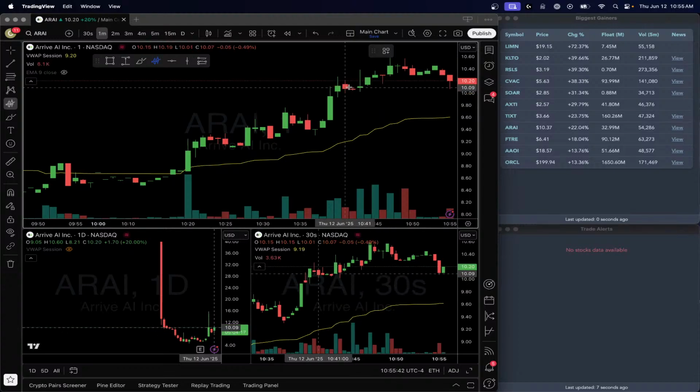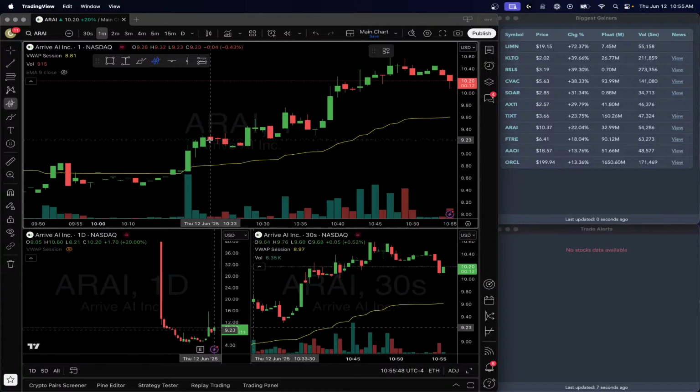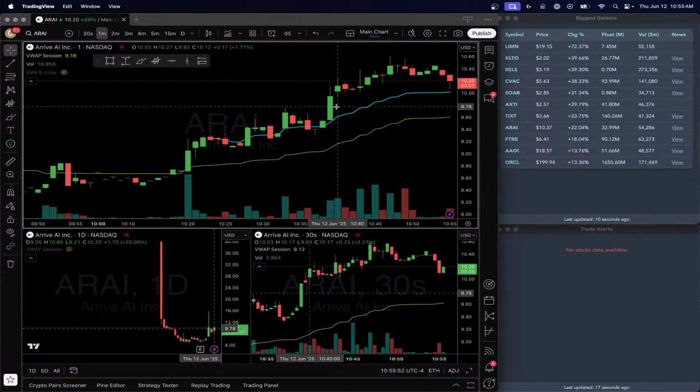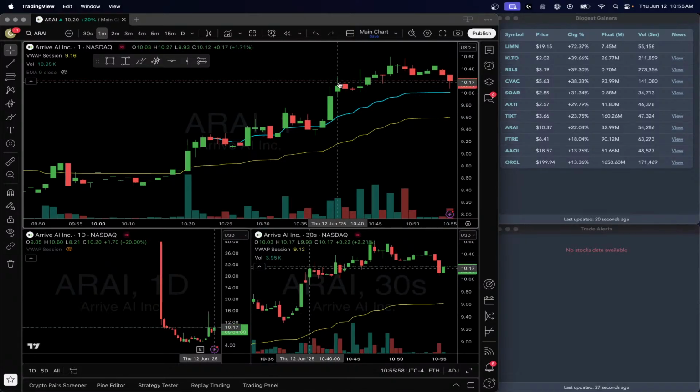Let's look at this. So right here, we have a 20 period anchored VWAP from this part here. We had a run up and we had a pullback.